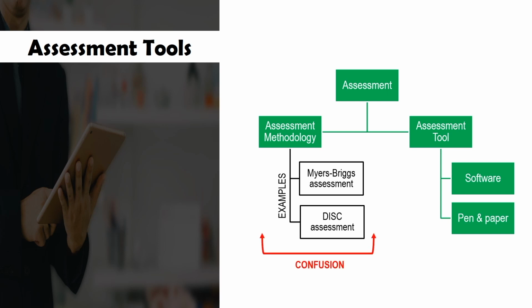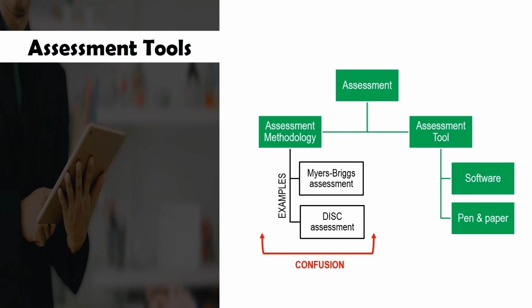People have confusion what type of methodology to be used in what scenario, but you have to choose the right methodology for the right situation. And when it comes to an assessment tool, you can either go for a software based or ICT based tool, or you can have an assessment using pen and paper.